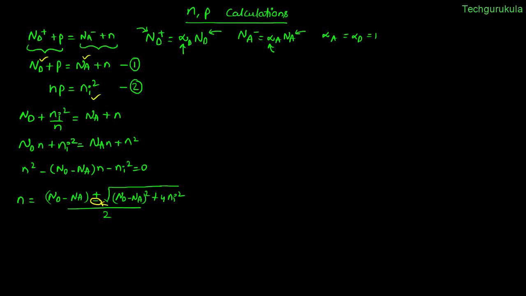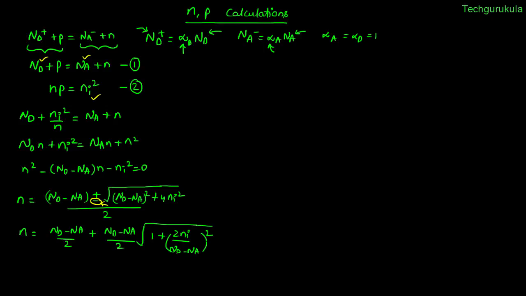So I can rewrite this expression for N as (Nd minus Na) over 2 plus, taking Nd minus Na common from the second term, (Nd minus Na) over 2 times the square root of 1 plus (2Ni over Nd minus Na) whole square.